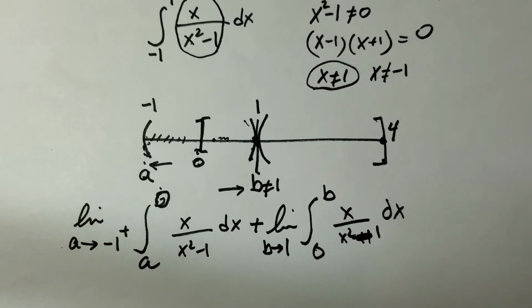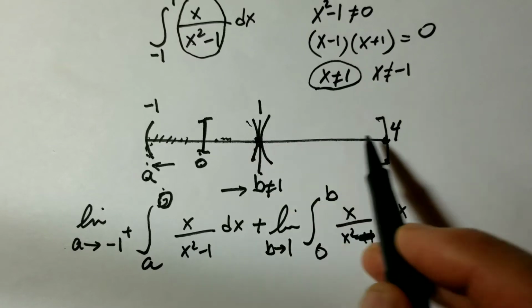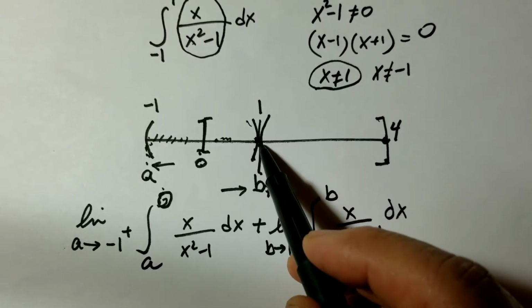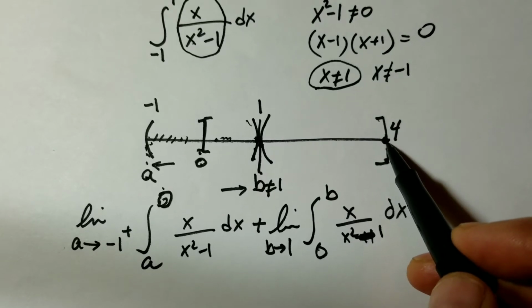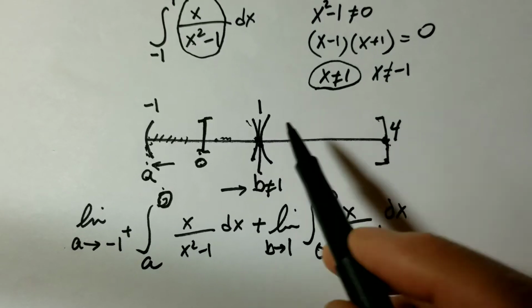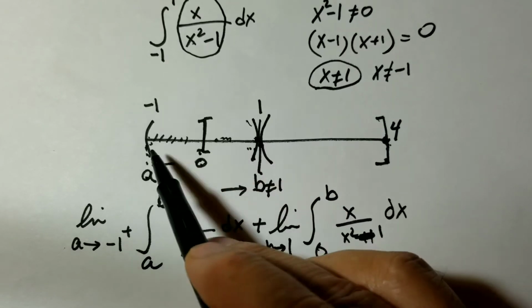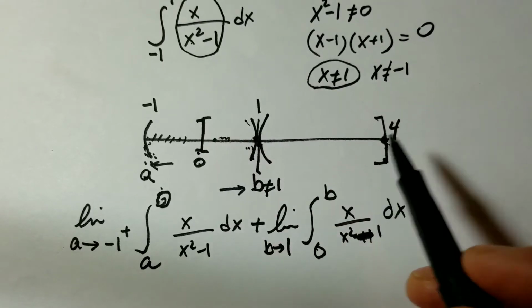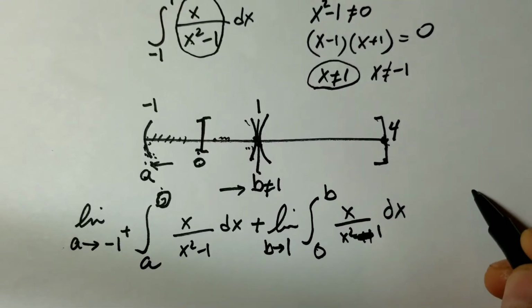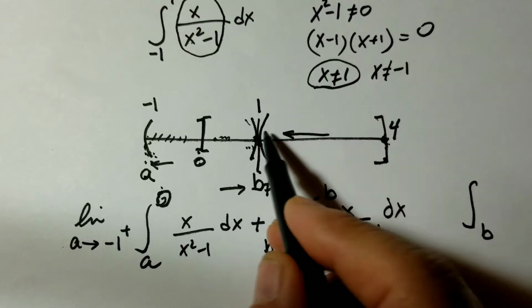Then I have this part. This part I don't have defined in this end, but I have it defined on that end. Because one end is defined, I'm only going to end up with one limit. In here, I would end up with two limits because it was the lower and upper. You have to find something defined in the middle. Therefore, in here, one end is b. But I'm approaching b.